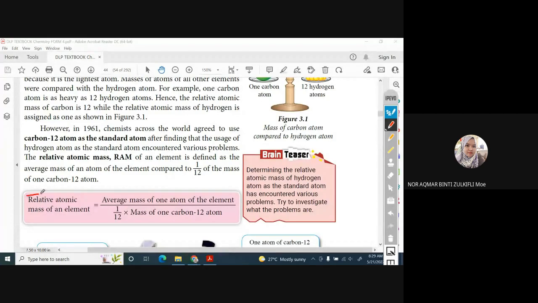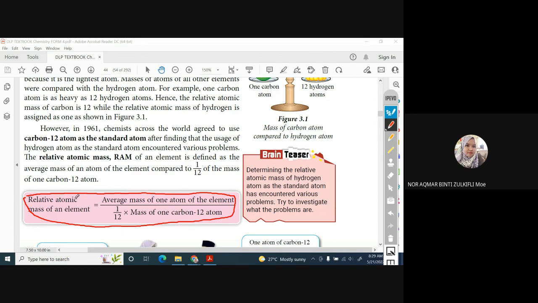Okay, so relative atomic mass of an element is the average mass of one atom of the element over 1 over 12 times the mass of one carbon-12 atom. So you just understand and memorize the formula, or you can write it down as a sentence.